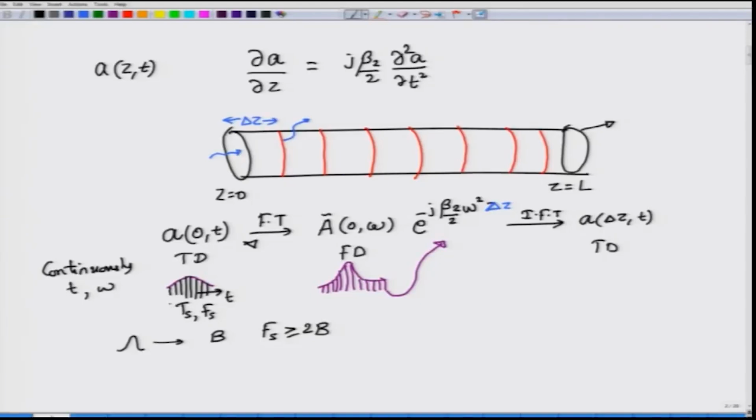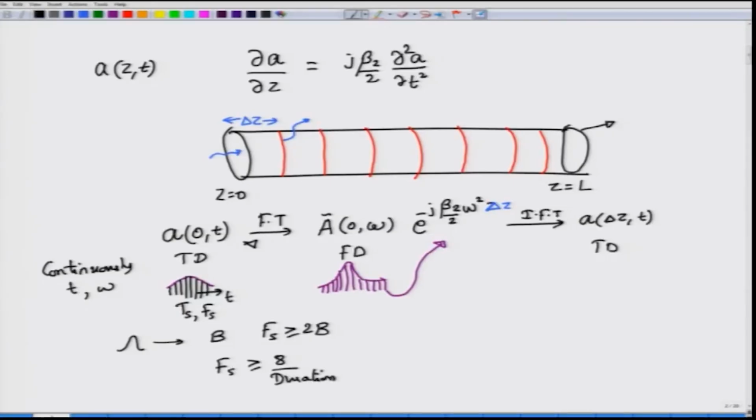So, if you have been given a pulse of certain duration, you assume that the spectrum to the first order has a width of 1 by duration, and then you take the sampling rate to be at least twice that. In practice, you will have to oversample by a factor of 3 or 4, which means that in practice Fs will be at least about say 8, or maybe even more than that, 10 times the inverse of the pulse duration.